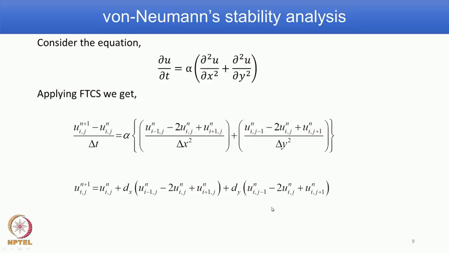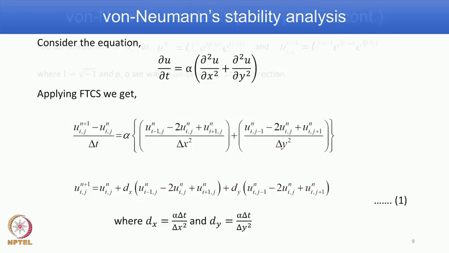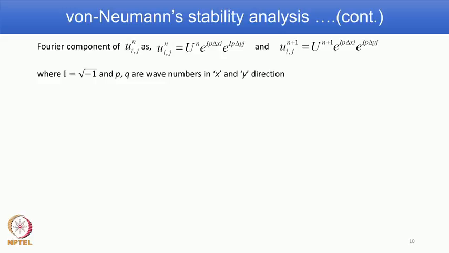Now, let us apply von Neumann stability analysis to this final discretized equation, following the same procedure as we did for the one dimensional equation. So, consider the Fourier component of u i comma j at n as U at n, this capital U is for the wave, times e to the power of I p delta x i and e to the power of I q delta y j.